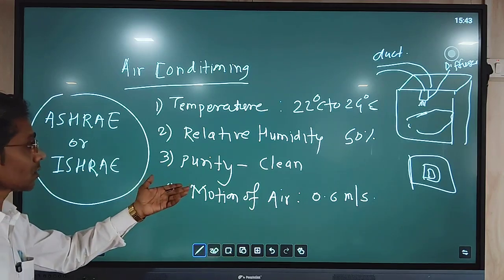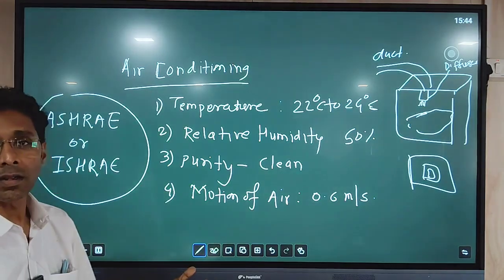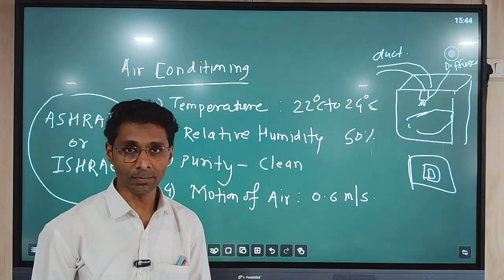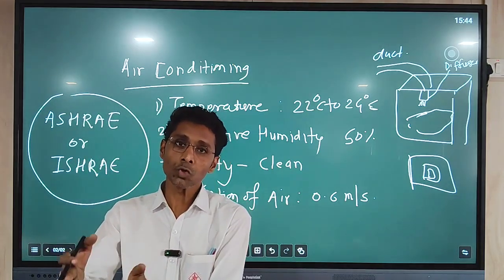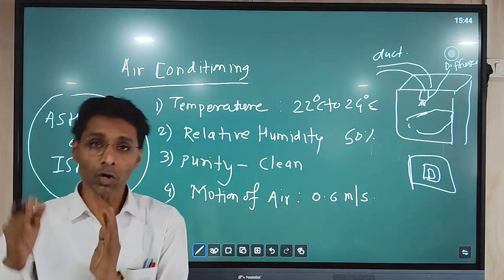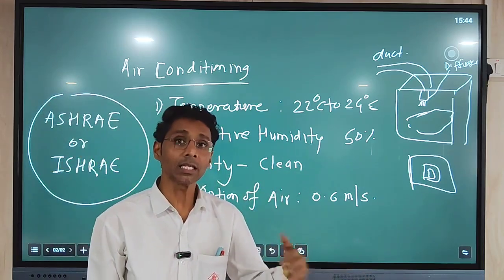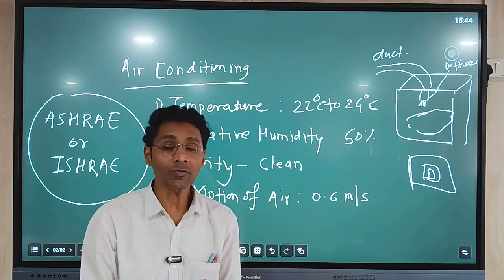Now in this case only cooling is not required, because we know that on the whole globe the temperature is not the same. There are some countries which come under the cold zone. There are some countries which come under the hot zone. In case of hot zone we need cold air, but in case of cold zone we need addition of heat.